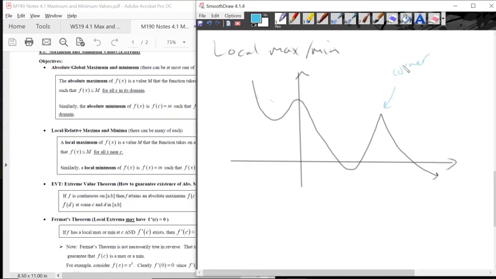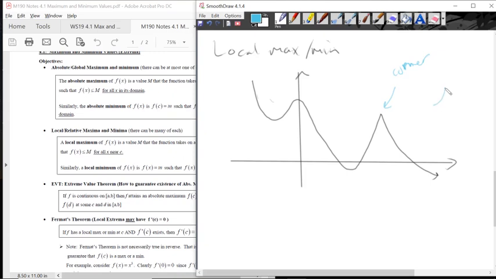Remember that a corner is where the derivative from the left and the derivative from the right are not equal to each other, but they are both finite. So if we were to graph the derivative of this function, we would see a jump discontinuity. The other type of feature that looks more or less like that is a cusp.